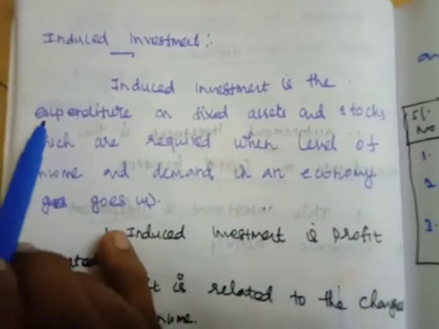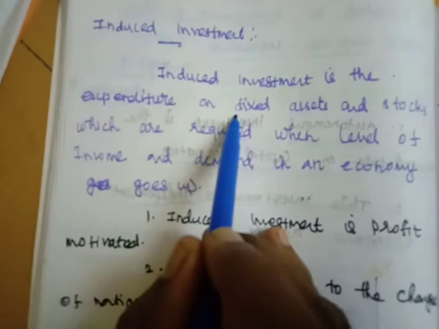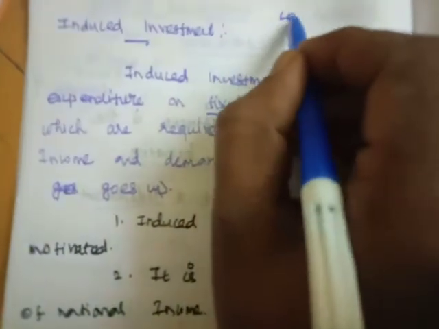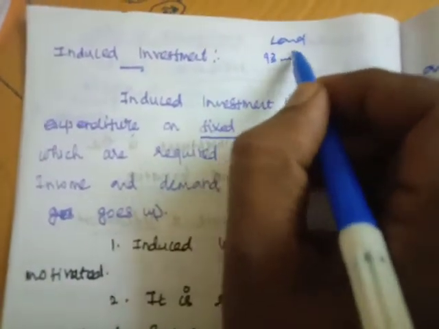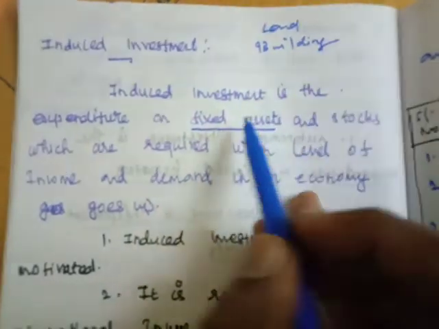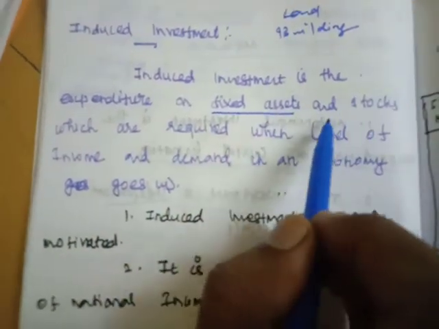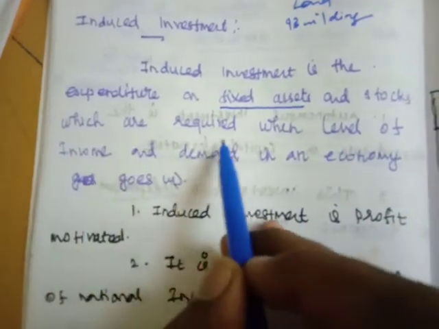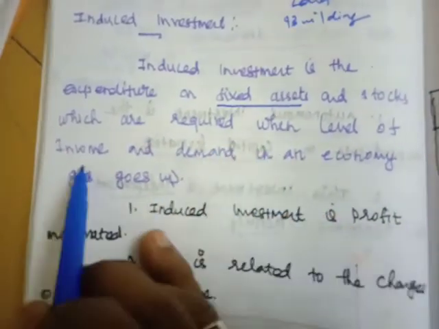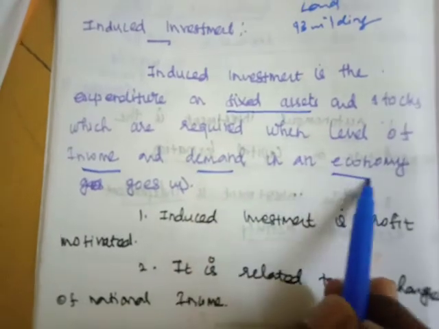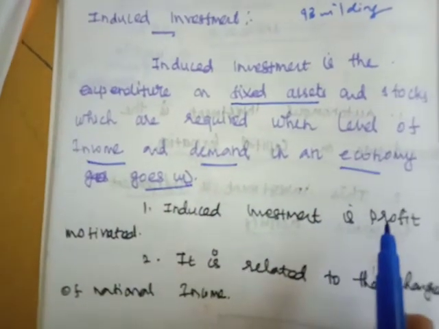Induced investment is the expenditure on fixed assets, for example land, buildings, like this. It is the investment made on fixed assets and stocks, which are required when the level of income and demand in the economy goes up.